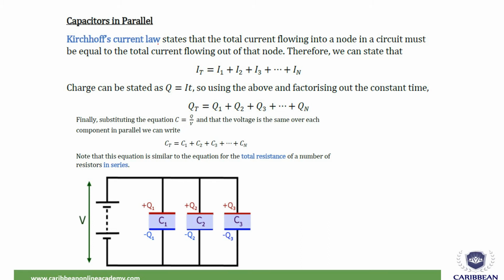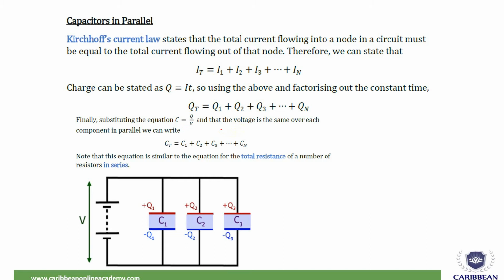But if we recall, charge is equal to I times T. Whatever the total time is in this scenario, it's the same time that will be experienced across all the other capacitors.